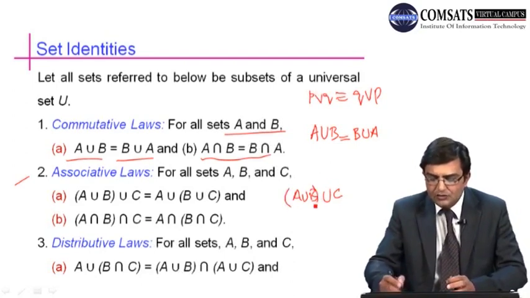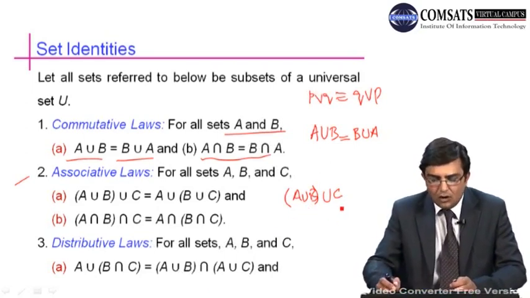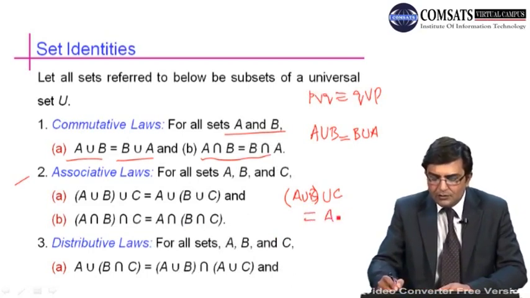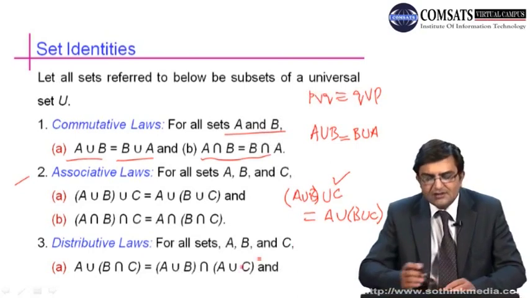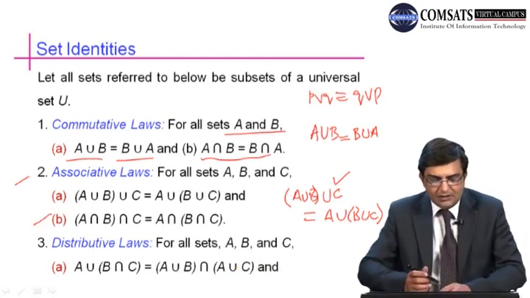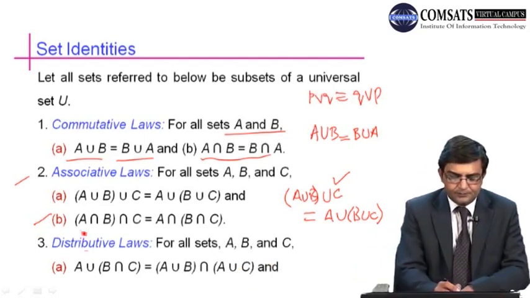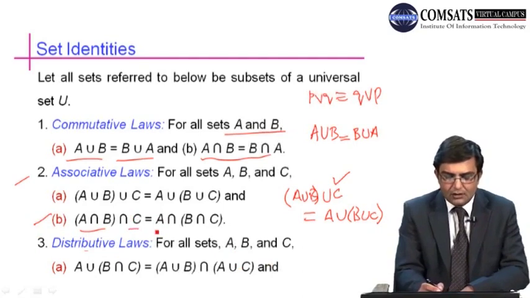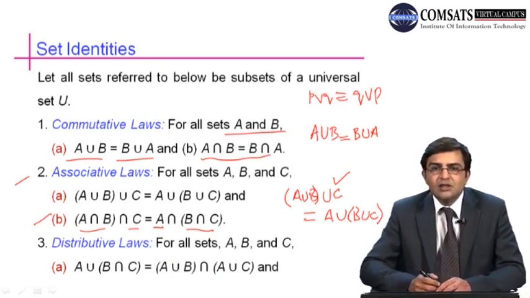(A union B) union C is the same as A union (B union C). So this is the associative law for set union. Similarly, there is an associative law for set intersection, which states that (A intersection B) intersection C and A intersection (B intersection C) are two equal sets.